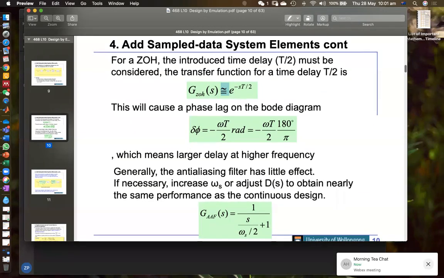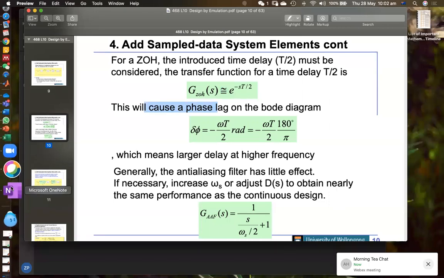Right? So the phase lag from the zero order hold is equal to negative omega T over 2 multiplied by 180 divided by pi, because normally this angle is in radians. So omega is in radians.